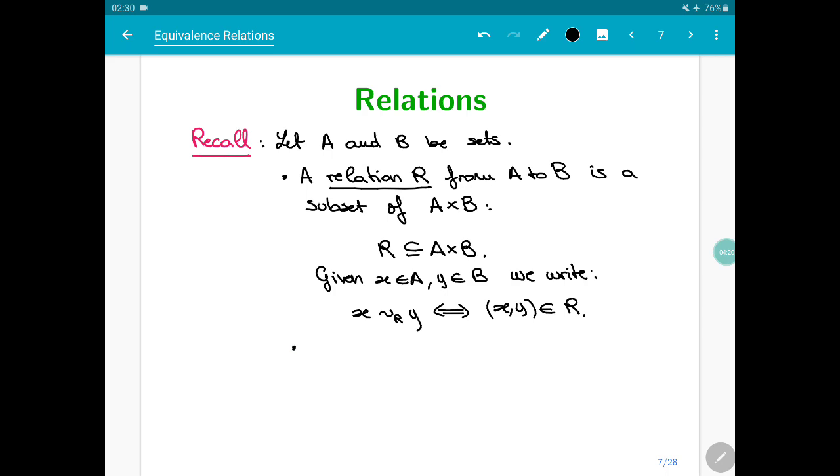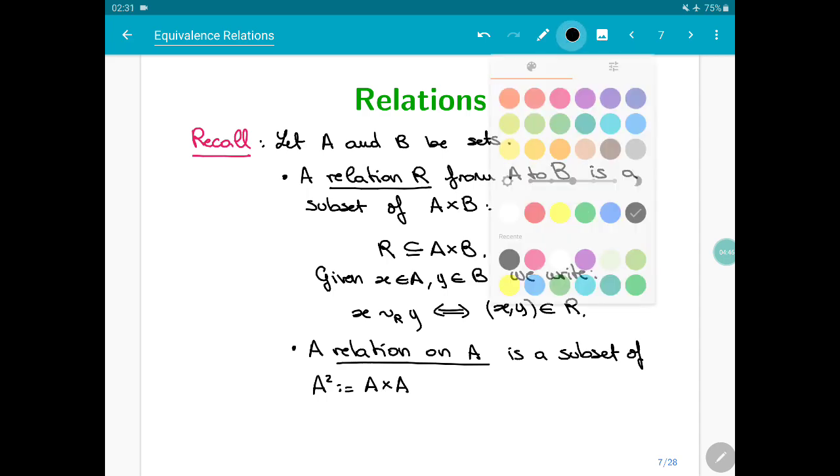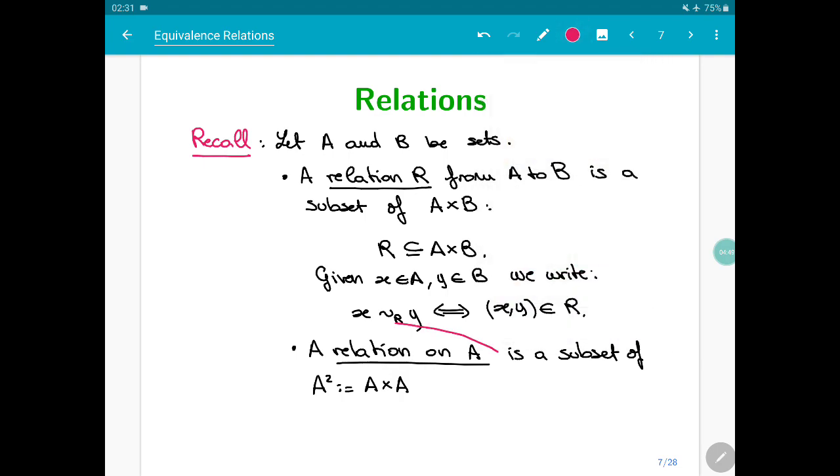So a relation on A is a subset of A squared, and remember that by this we denote the Cartesian product of A with itself. In this lecture we are going to focus on relations on a given set, so relations from A to A.